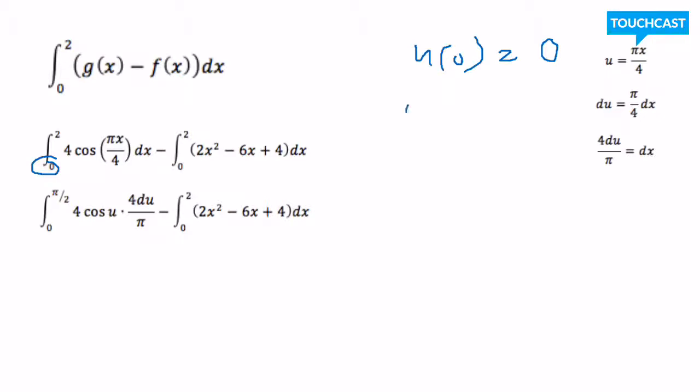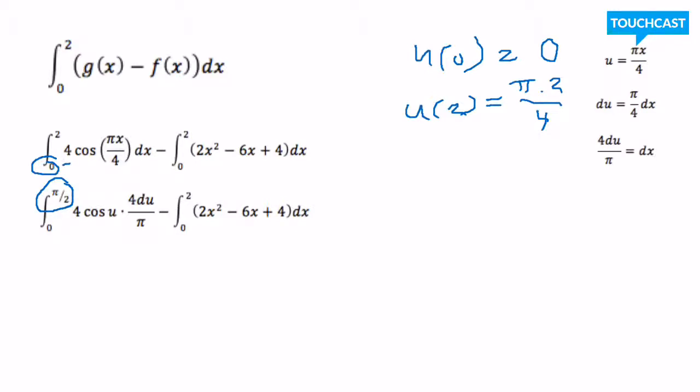When I plug 2 in, u of 2 is pi times 2 over 4, which simplifies to pi over 2. That's how I got this new upper limit as I change from x's to u's.